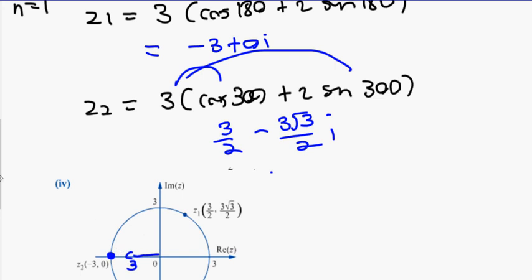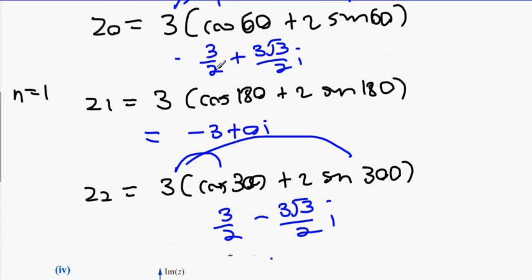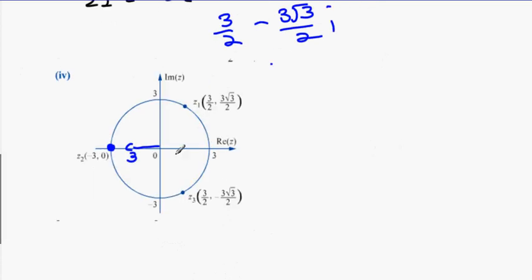The other one is 3 over 2, 3 root 3 over 2, so you go across 1.5, then go up and plot this one here. Finally, the third is 3 over 2 again, minus 3 root 3 over 2, so you go this far down and plot this one here.